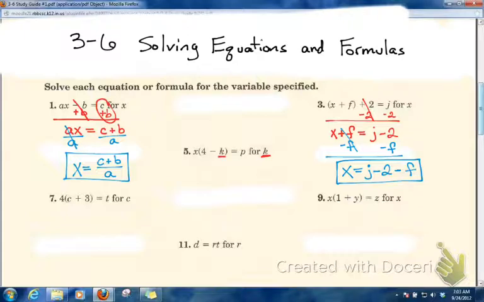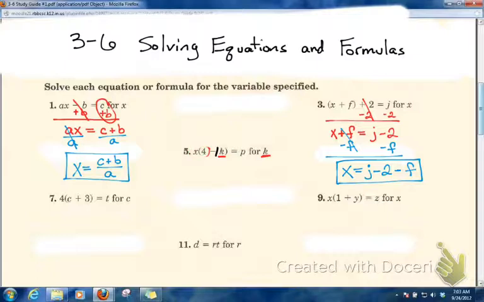I locate my k here, and I say, okay, first of all, it is a negative 1k, which is going to make a difference at the end. I'm going to have to get rid of that negative 1. And what's happening to the negative 1k is, first of all, you have this positive 4 being added to the negative 1k, and then on the outside of the parentheses here everything's being multiplied by x.